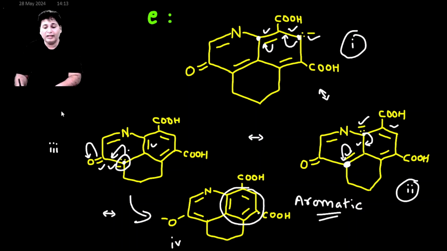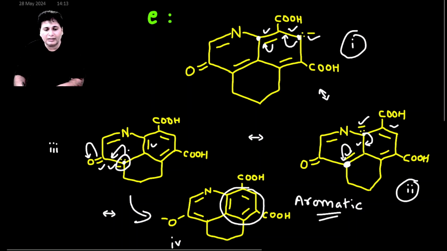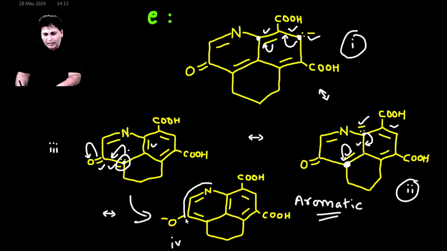Not just one ring in this structure, you can see one more ring present. Once you see the left hand side ring, you can believe that, okay, again it's a ring, and in this ring all atoms are sp2 hybridized. It is a flat ring, and there is a cyclic conjugation. How?